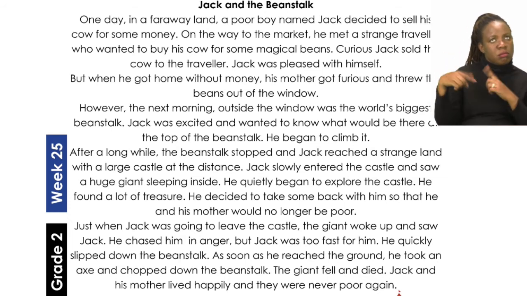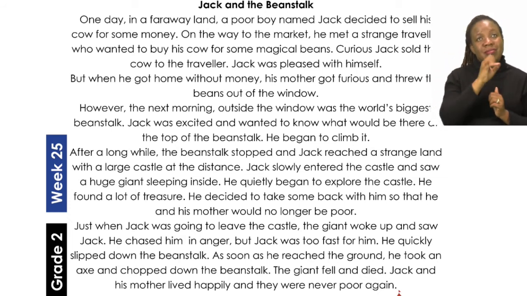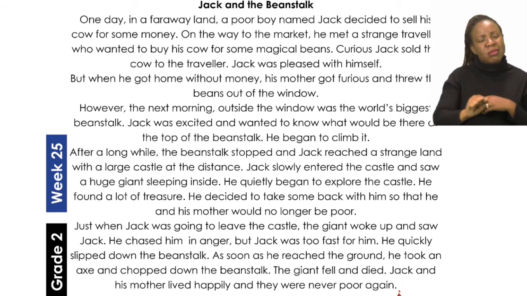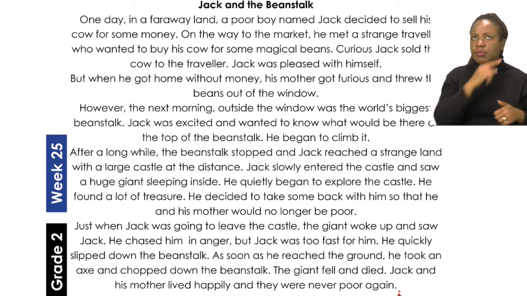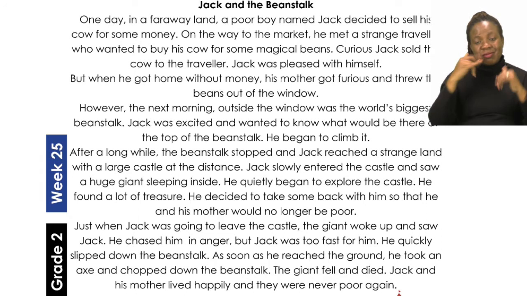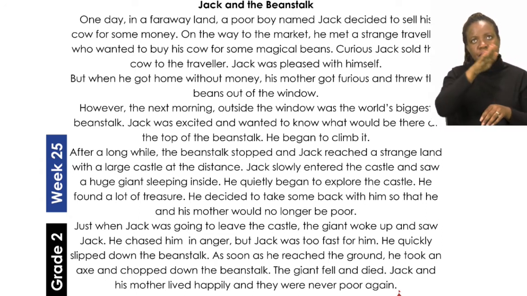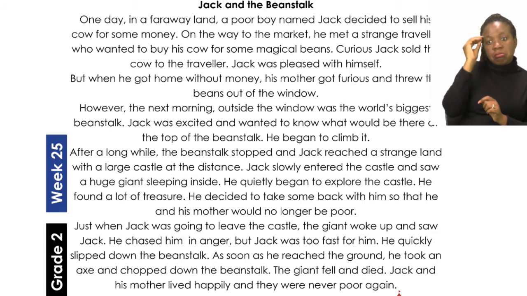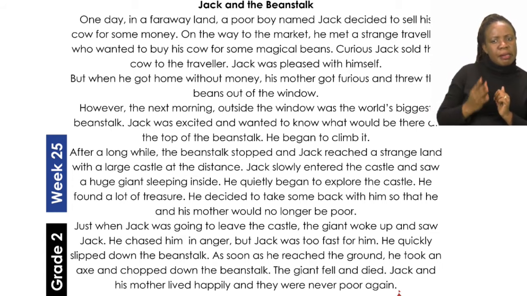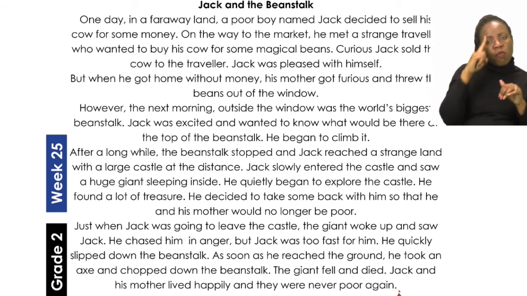Jack and the Beanstalk. One day, in a faraway land, a poor boy named Jack decided to sell his cow for some money. On the way to the market, he met a strange traveler who wanted to buy his cow for some magical beans. Curious Jack sold the cow to the traveler.